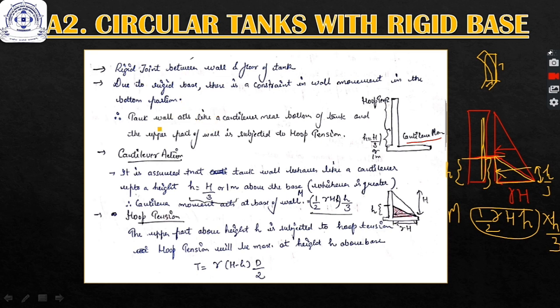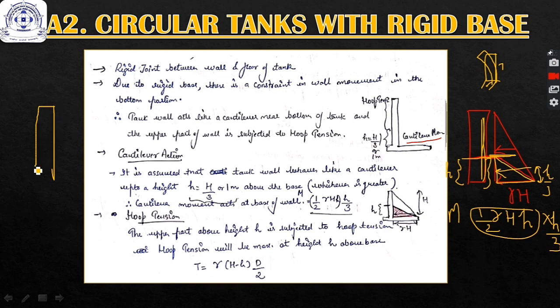Now in this case there will be two types of forces or moments. One is the cantilever moment due to the water pressure as I discussed here, and second will be the hoop tension. But the difference is that this hoop tension is assumed to be maximum here.